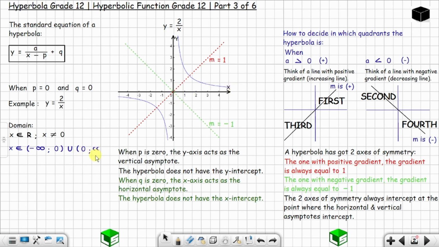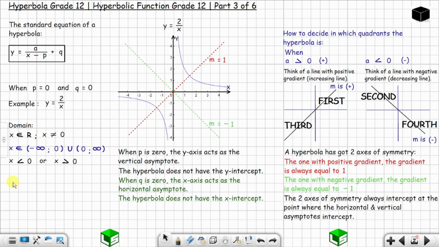Okay, you do it like this, or you can give the domain like this: x less than 0, you have all these values which are less than 0, or x greater than 0. Okay, again 0 is excluded. This is why you don't have equal there, because 0 is excluded from the domain. So you can give the domain like this, or like this, or like this. Okay, you have 3 ways in which you can give the domain of this hyperbola.